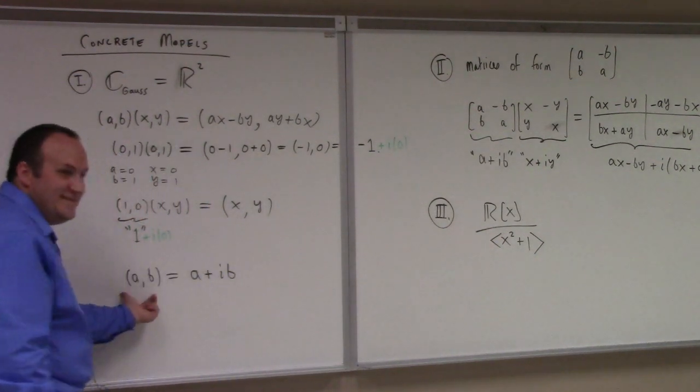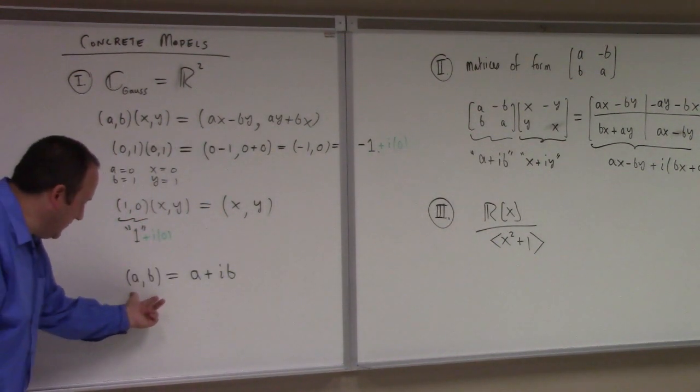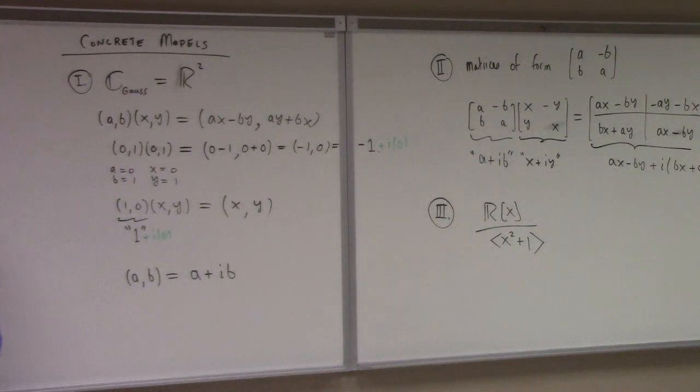Our convention is that A comma B is A plus IB, right? And so what that means is that the complex number 1 is actually the unit vector in the x direction, and the complex number I is the unit vector in the y direction, right?